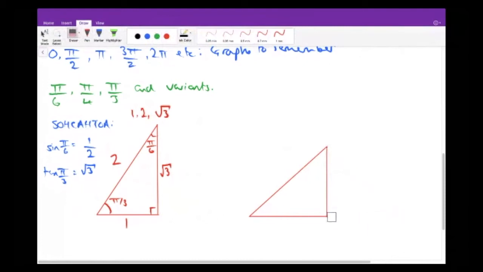Now we need 45 degrees, and because I know that this is a right angle in the bottom right, then these two must be the same length to make these angles both 45 or pi by 4. Now keeping our numbers simple, if I make both of these length 1, this length will be root 2, so I can use this triangle as well in the same way that I did to the left. So this is my 1, 1, root 2 triangle.